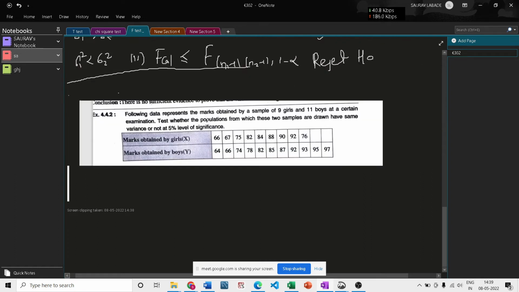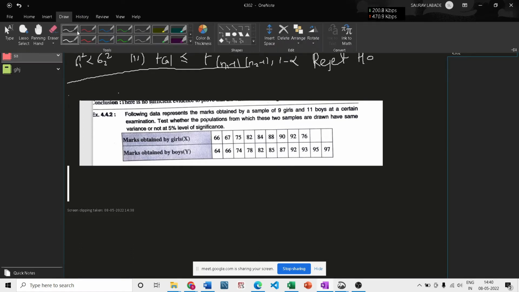Firstly, how can I decide whether it is an example of the F distribution, the F test, or not? That I get by seeing the example.